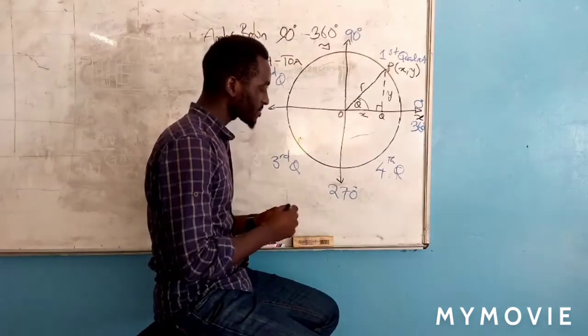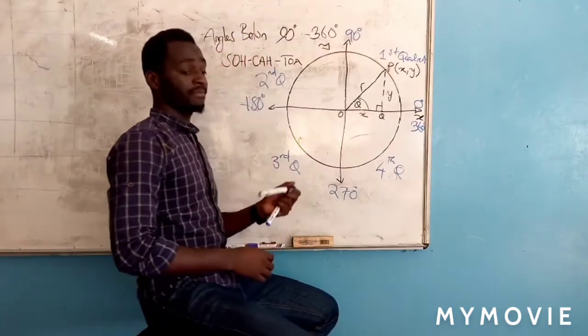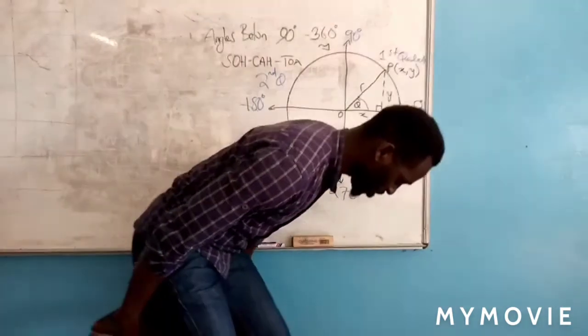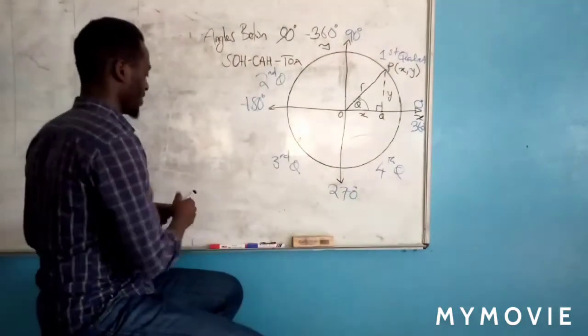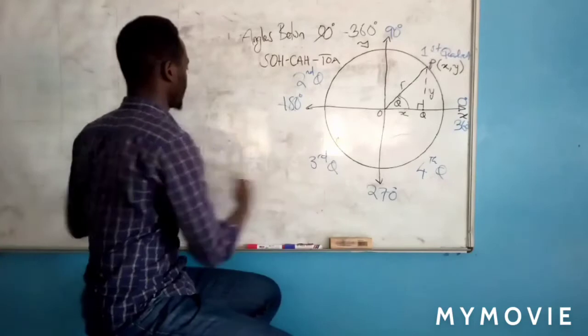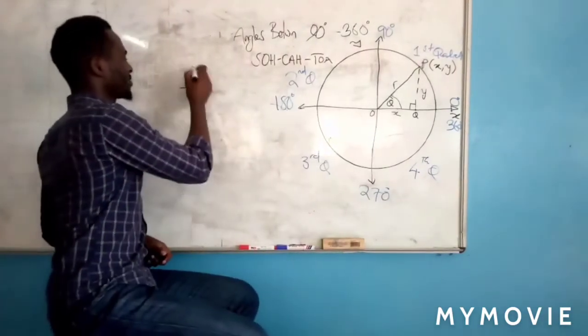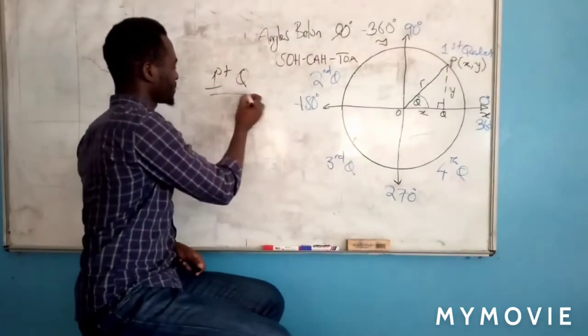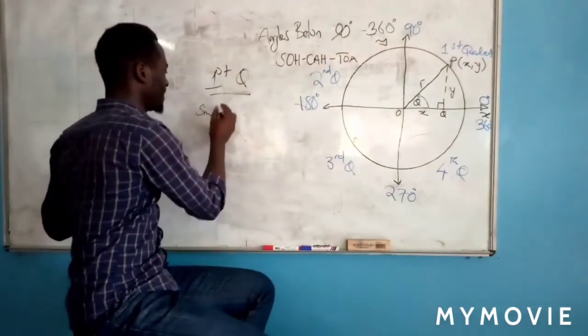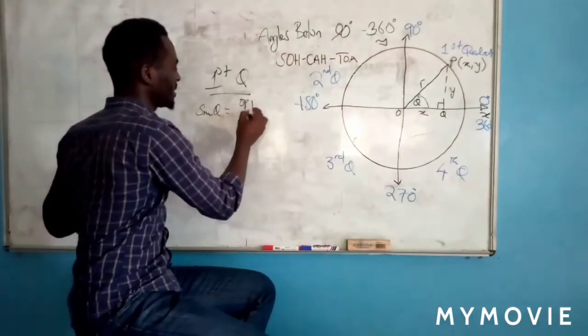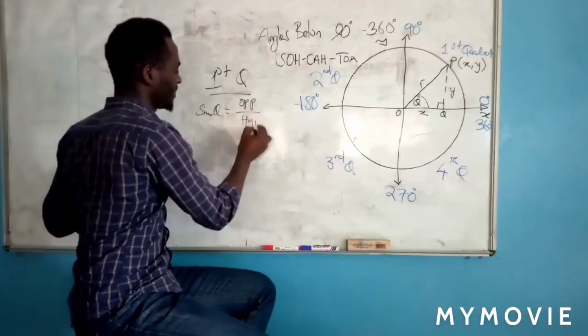So now, allow me to apply the SOHCAHTOA concept on that first quadrant. We'll start with the sine. So I'll say sine theta is equal to opposite over hypotenuse, okay?